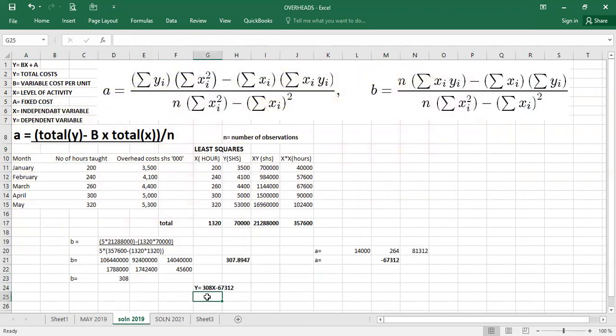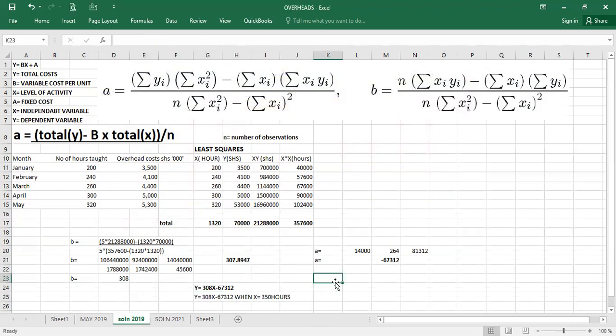So our Y will be equal to, they have told us when X equals 350 hours.